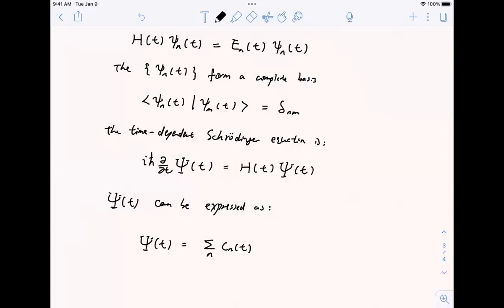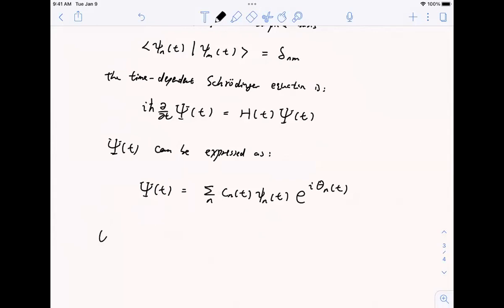It depends on t. This is a small phi. Okay, small phi, and then with a phase factor. So this phase factor is defined this way.